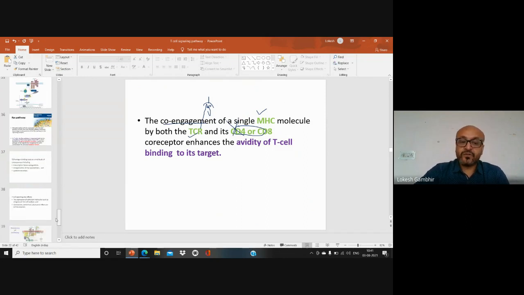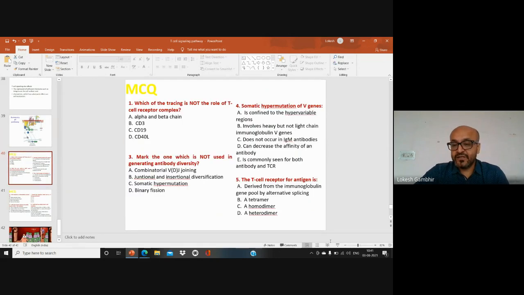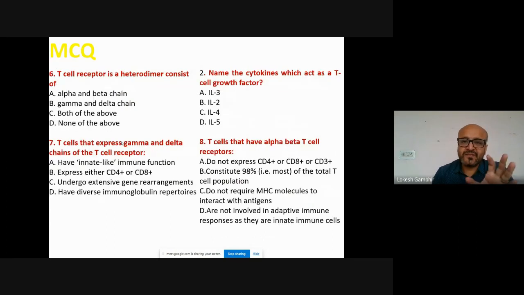Till then, please go through the lecture and understand how these aspects come together to give rise to a T cell receptor mediated response. To brush up, these are the MCQs you should focus on, and perhaps they will ignite a curiosity in understanding the topic.